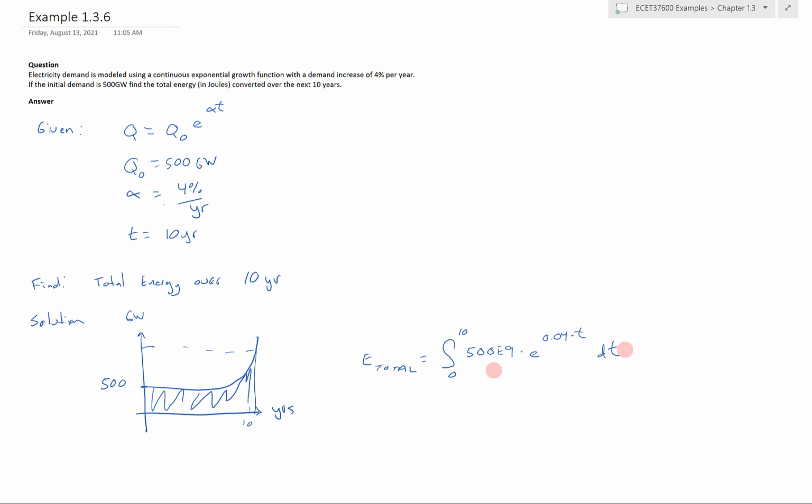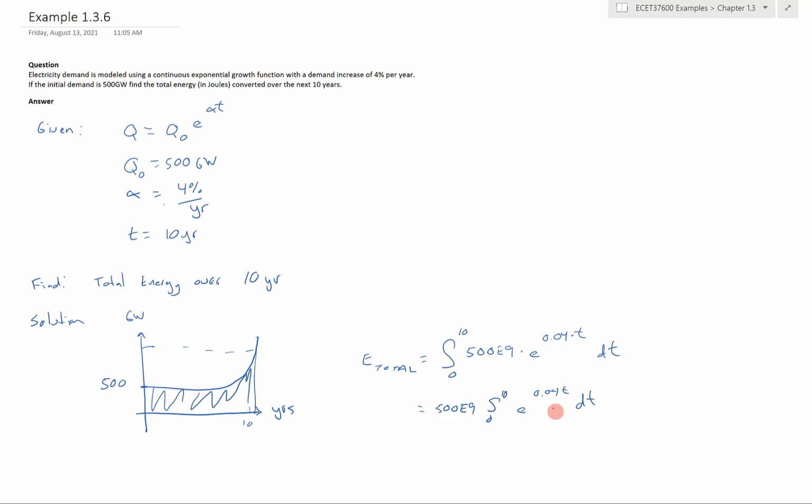So that gives us our exponential integral. If you want to solve this integral, we can pull out the constant here as the first step, and so that's going to be equal to 500 e to the 9th integral from 0 to 10 years, e to the 0.04 t dt. So we factor out that 500. Since it's a constant, it doesn't affect our integral.